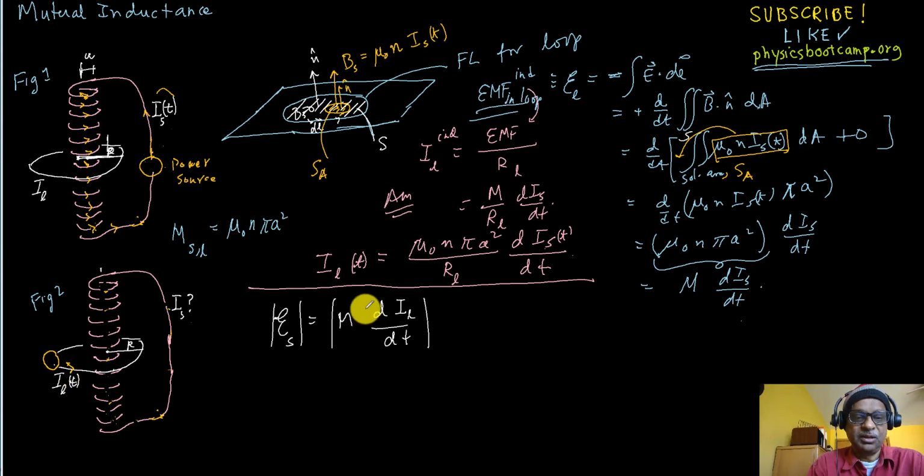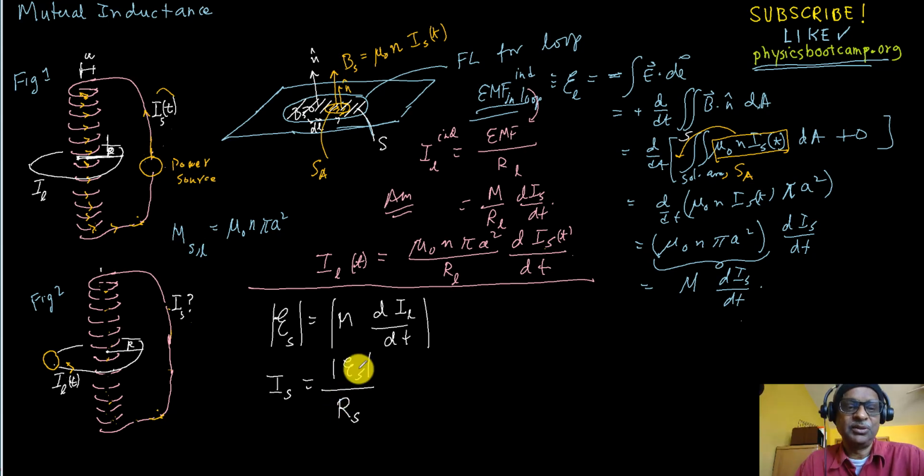So how much current will be induced here? Well, I_S will be E_S over the resistance of the whole solenoid.